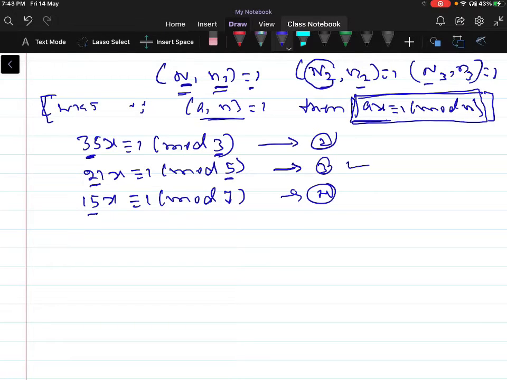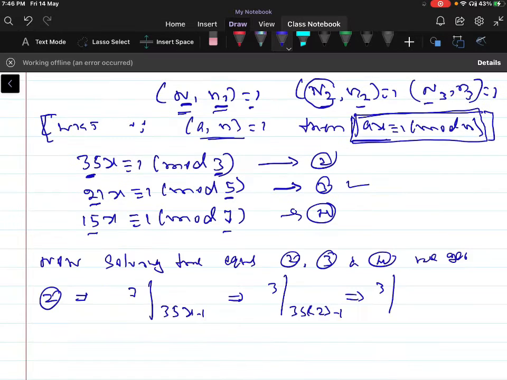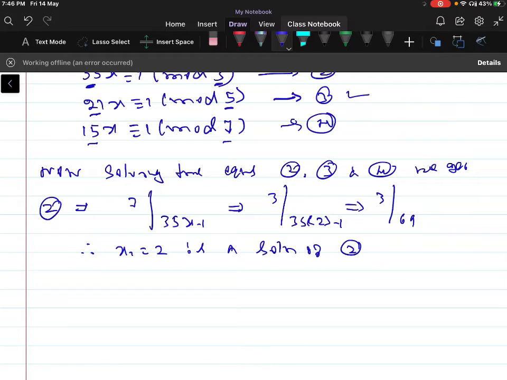GCD of 15 and 7 again is 1, so therefore 4 has a unique solution. This implies 3 divides 35 into 2, 70 minus 1, 69. So therefore x1 is equal to 2 is a solution of 2.